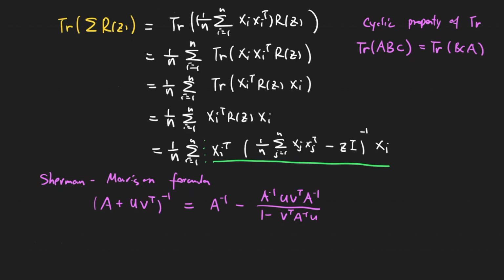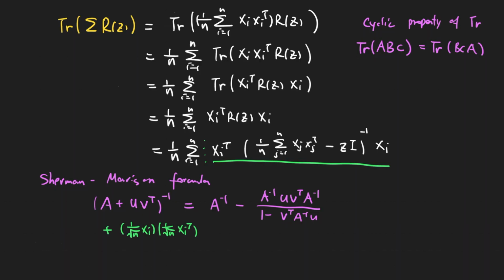So in our case, our rank 1 perturbation will be 1 over the square root of n times xi, multiplied by 1 over the square root of n times xi transpose. So that is one particular data point.